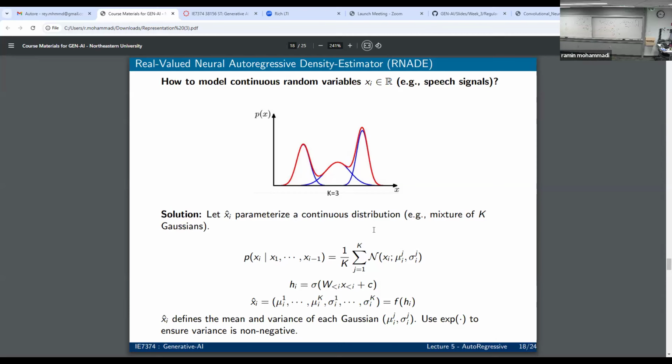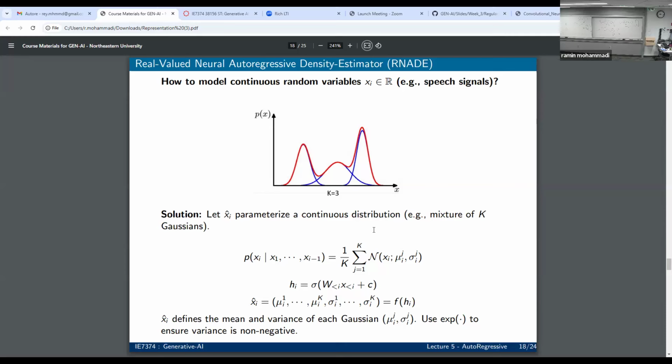After we have that, we can find the density value using the mixture of Gaussians, the probability density or probability value.